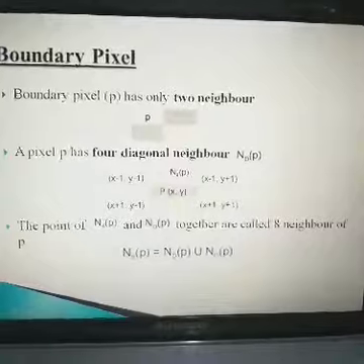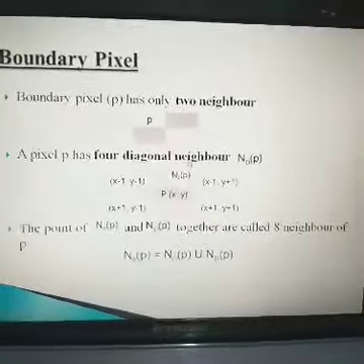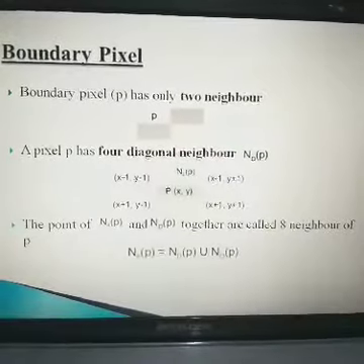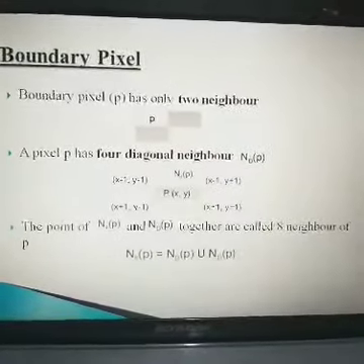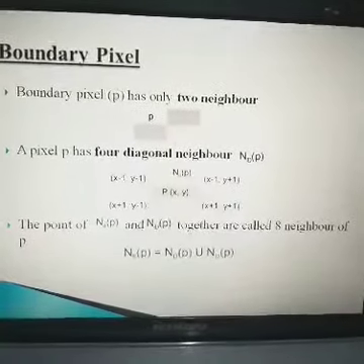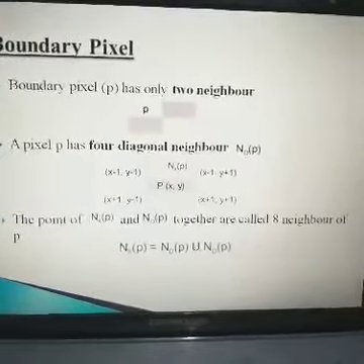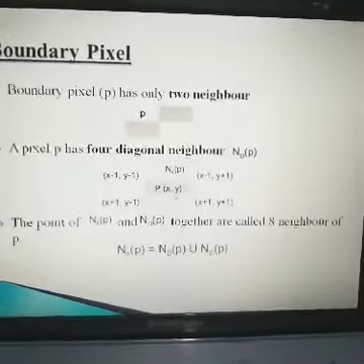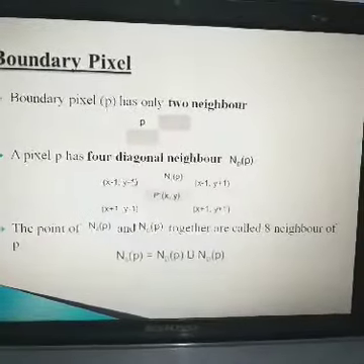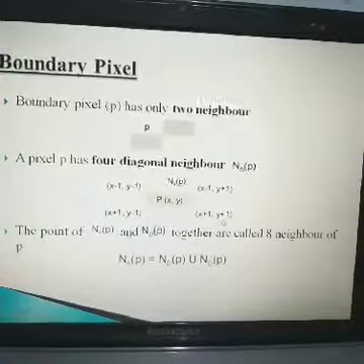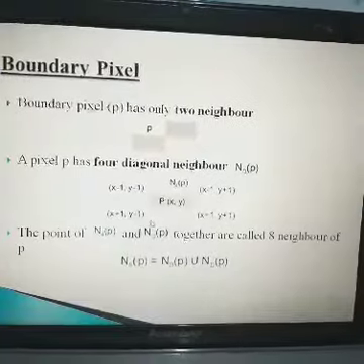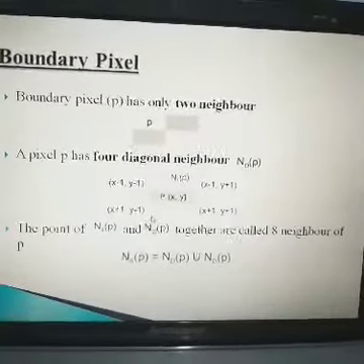A pixel p has four diagonal neighbors. What are the diagonal neighbors? When we talk about the cross, diagonally we also have four pixel values. So there are 4 diagonal neighbors. If p(x, y) is the pixel value, then (x minus 1, y minus 1) is one diagonal value, then (x plus 1, y plus 1), similarly (x minus 1, y plus 1) and (x plus 1, y minus 1). These are the 4 diagonal neighbors, right?